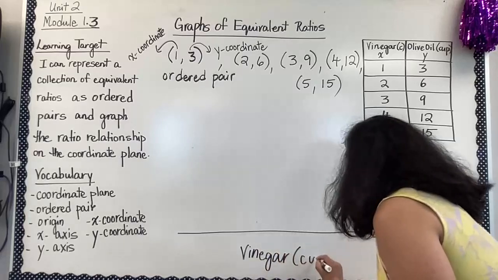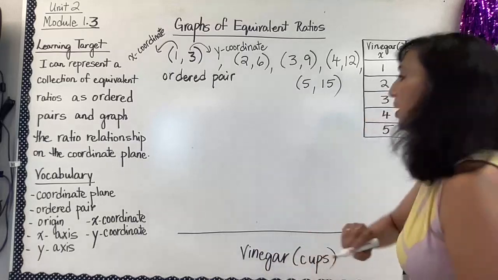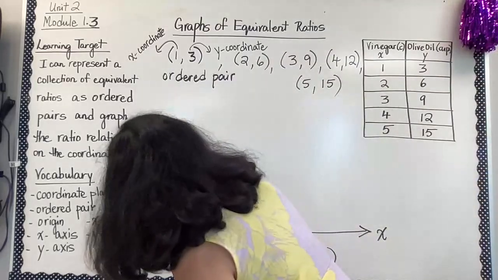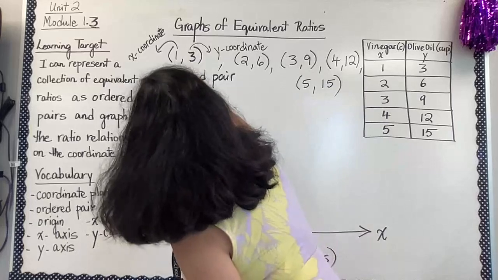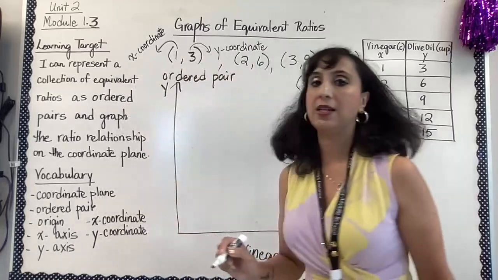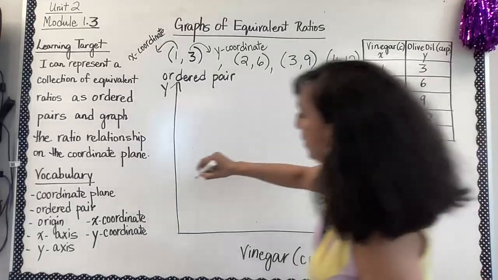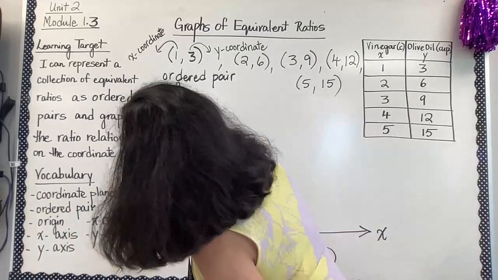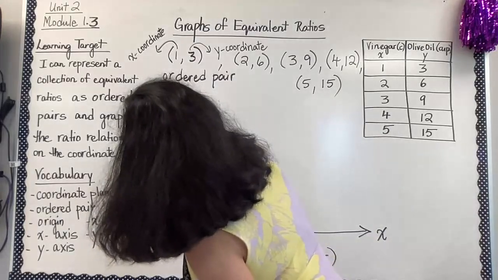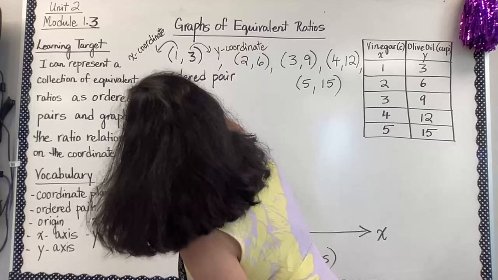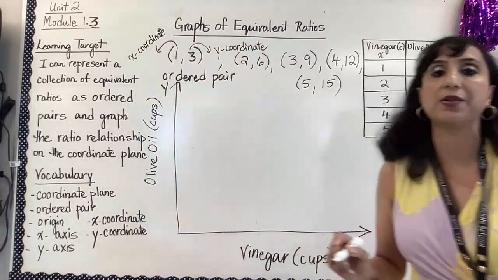What goes vertically is my y-axis, and over here that's represented by olive oil, the cups of olive oil.